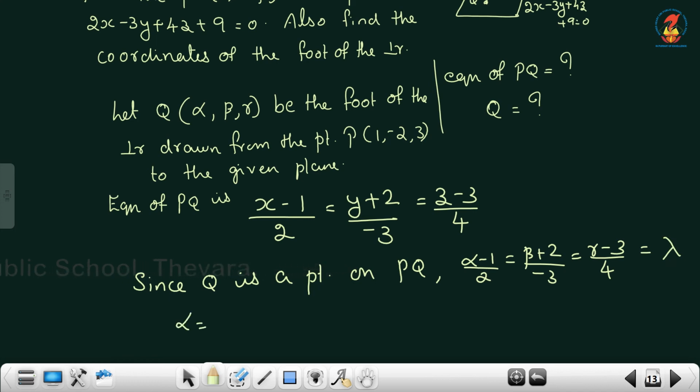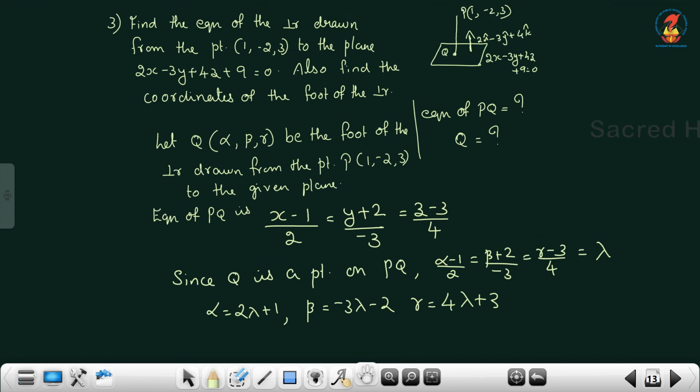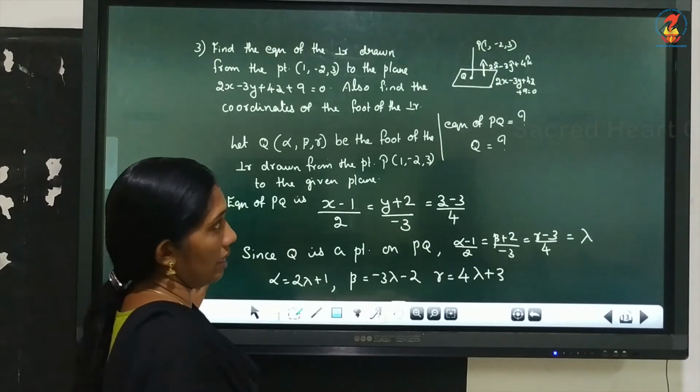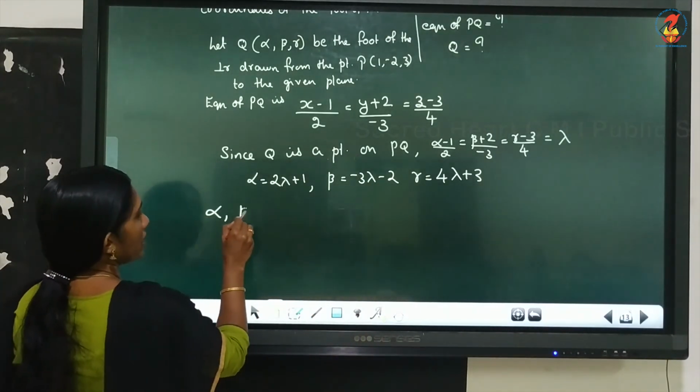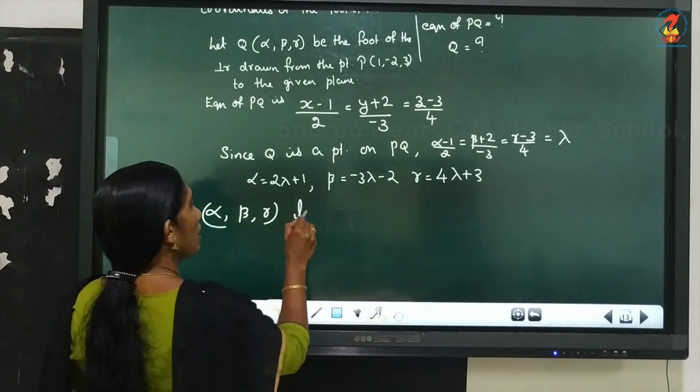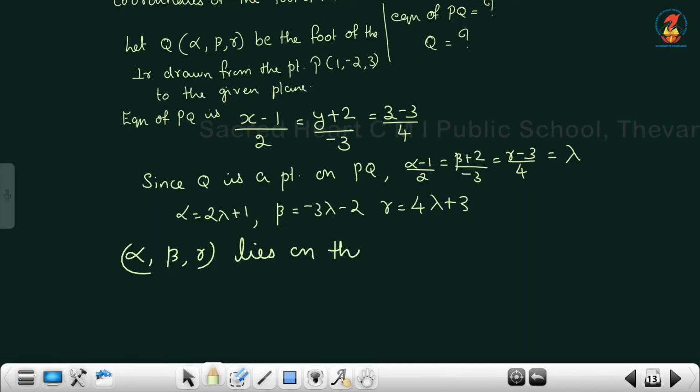So alpha is 2 lambda plus 1, beta is minus 3 lambda minus 2, gamma is 4 lambda plus 3. And these points also lie on the plane, so we can substitute in the plane's equation. Alpha, beta, gamma lie on the plane also.